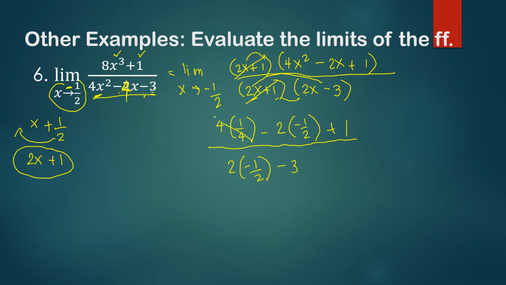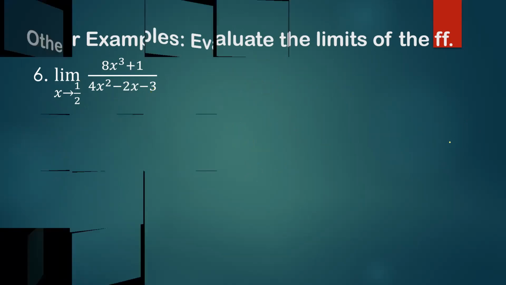So this will be 1, tapos this one will be positive 1. 1, positive 1, positive 1 is 3. Tapos for here, we have negative 1 minus 3. That's negative 4. So the final answer is negative 3/4. Okay, so that's the value of the limit for this example. Okay. Sorry for the typo mistakes.